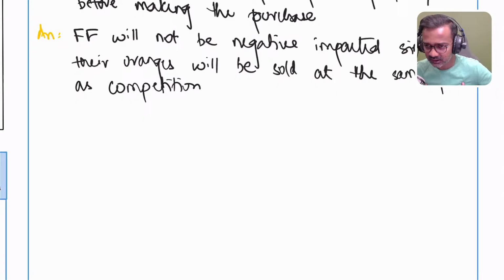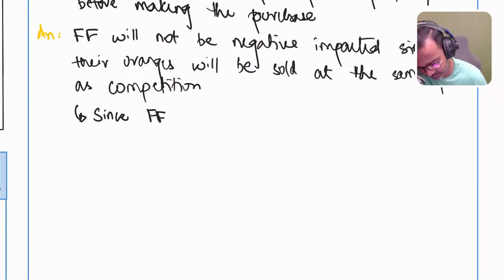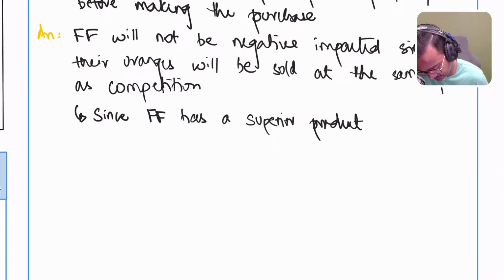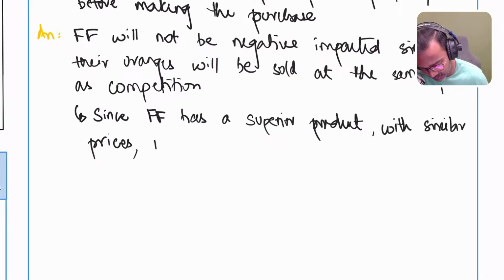And in a way, actually, what I can bring here as another advantage is that since FF has a superior product with similar prices, FF should sell more.